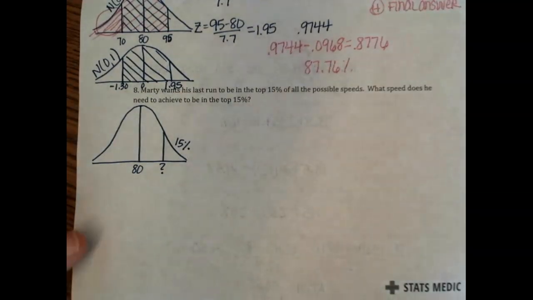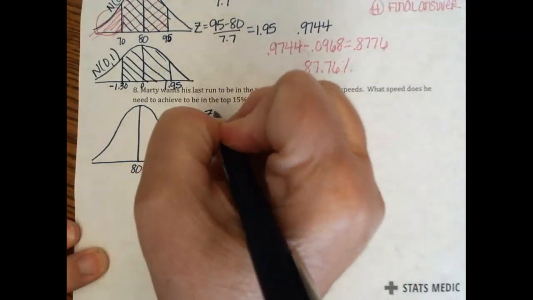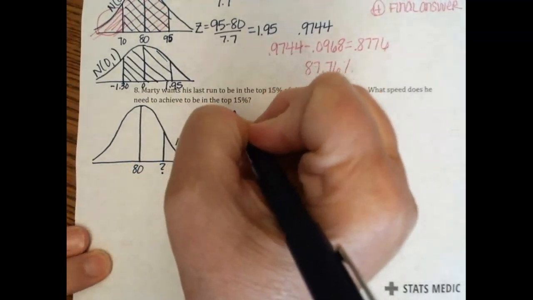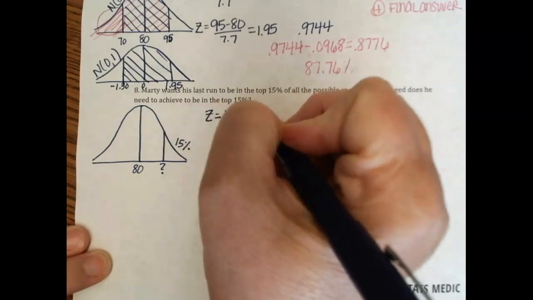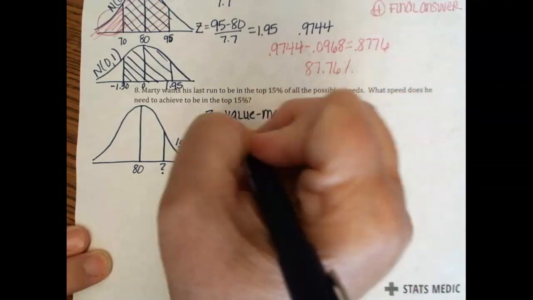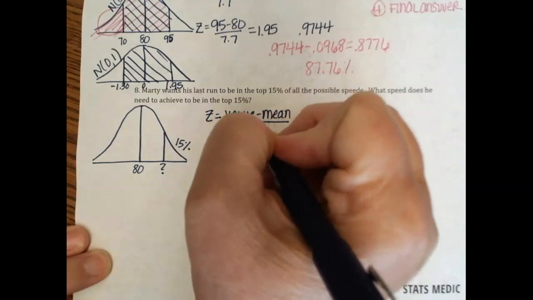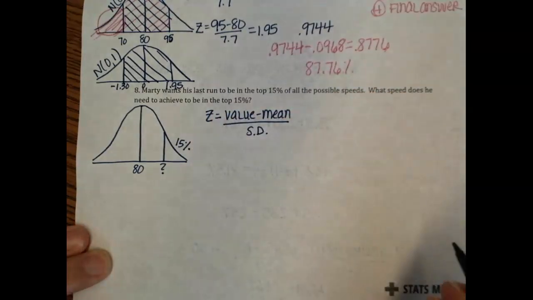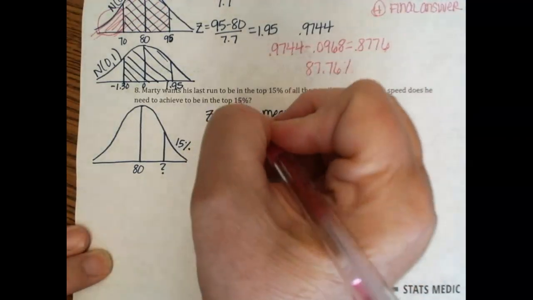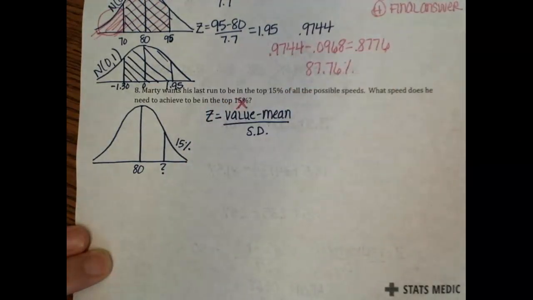Okay, so in our formula, we have a z-score is some value minus the mean divided by the standard deviation. All right, well, we already don't know the value. I'll put this in a different color so it's a little easier to see. We already don't know that.